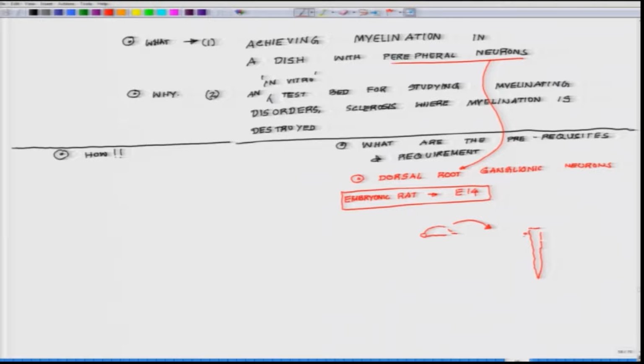Around the spinal cord you will see the dorsal root ganglions sitting, and extremely craftfully, using your surgical acumen, you have to isolate these dorsal root ganglions separately. These are individual ganglions.